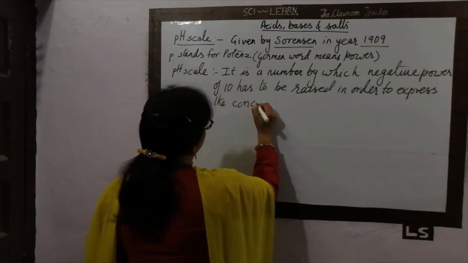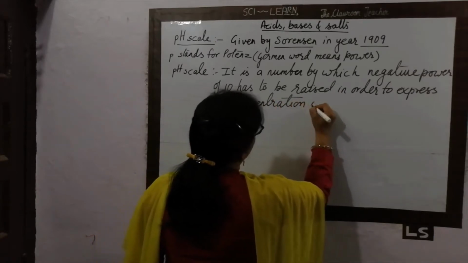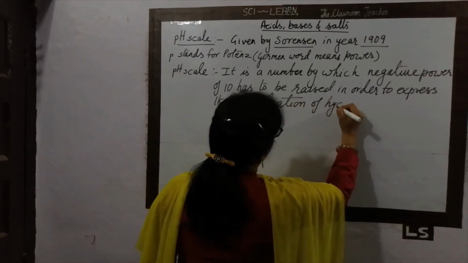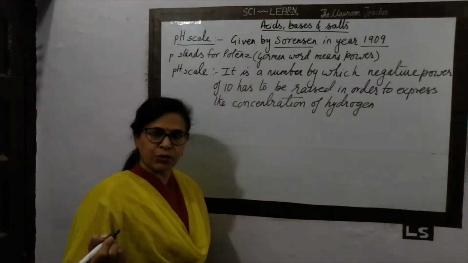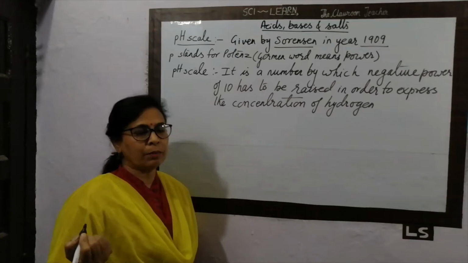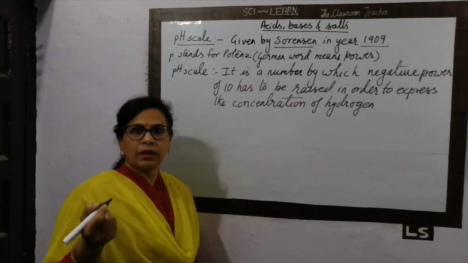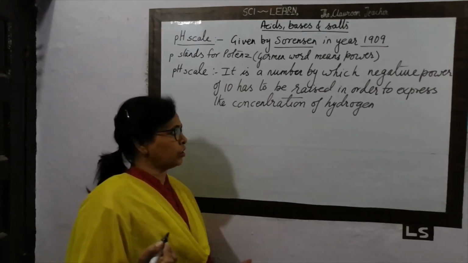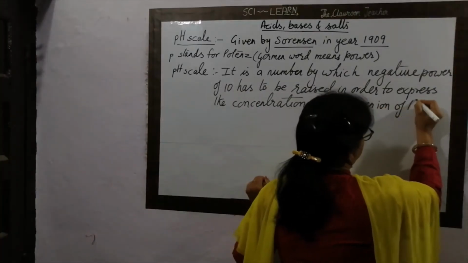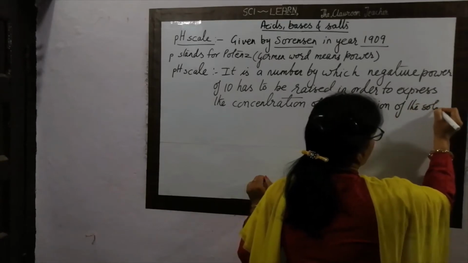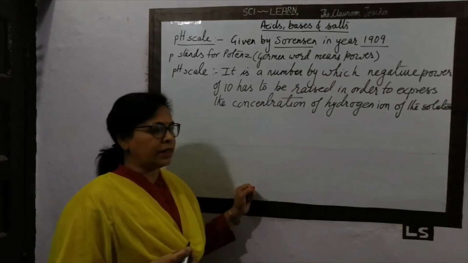As we know, hydrogen is the main constituent of acids and hydroxide of bases. So it is the concentration of hydrogen ion of the solution.